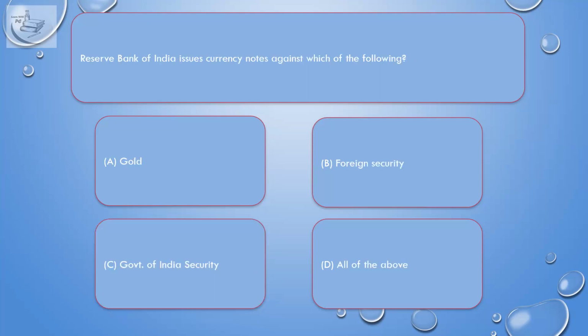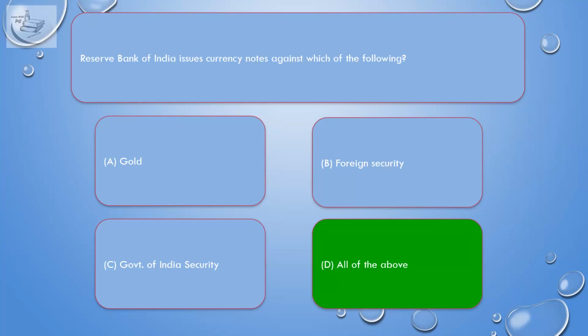Question: Reserve Bank of India issues currency notes against which of the following? A. Gold. B. Foreign security. C. Govt. of India security. D. All of the above. Correct answer is D. All of the above.